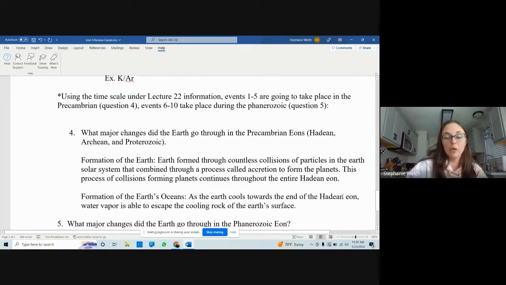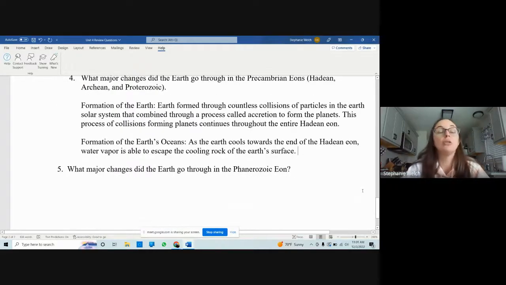The rocks that formed the Earth itself also contained the water that would eventually become a really important part of the surface of our planet. These rocks were something like 8% water. It's a type of meteorite called the carbonaceous chondrite. So the water would eventually degas. That water vapor would escape. It would get into the planet's atmosphere.